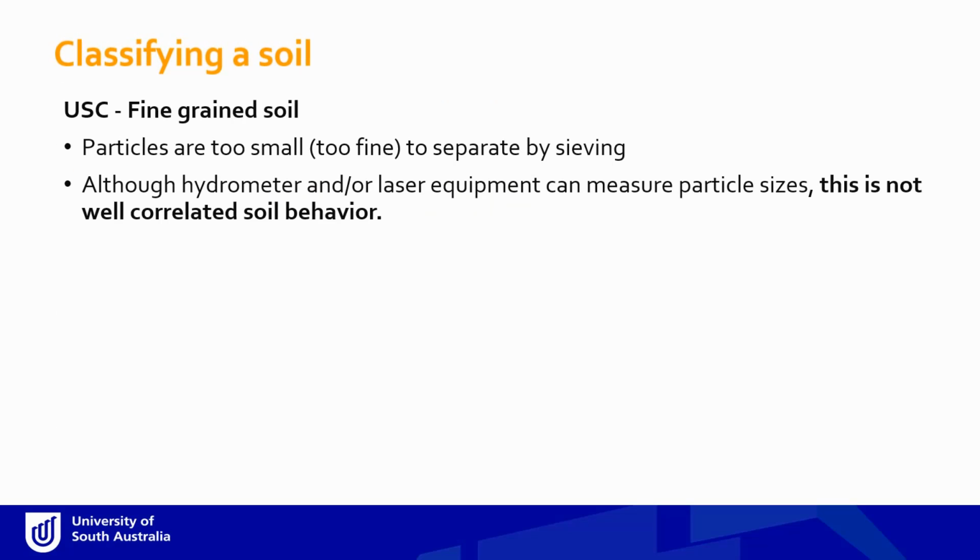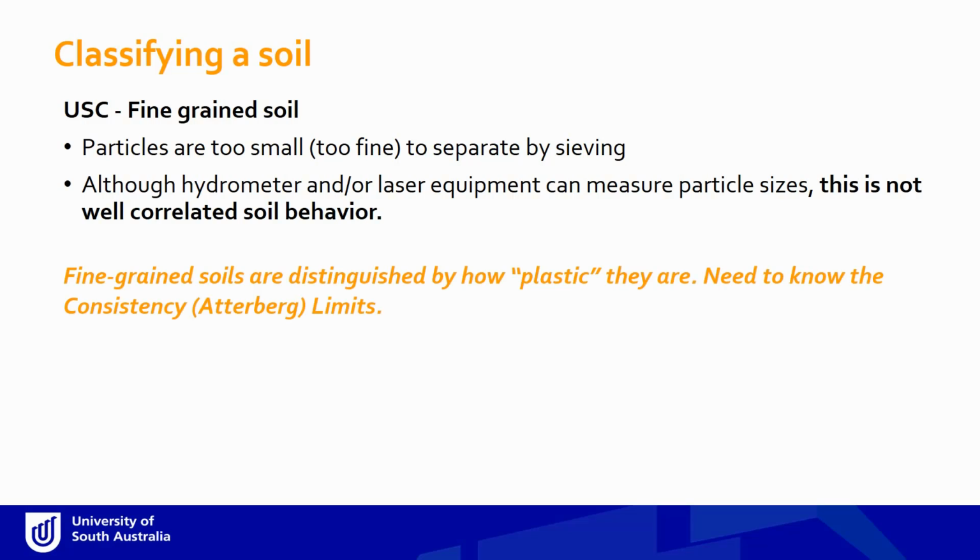Now, when classifying a fine-grained soil, the particle size distribution doesn't matter as much. Why is that? Because the behavior of the soil is not very well correlated with the particle size and its distribution. Rather, it is better correlated with what we call plasticity, or how plastic they are.